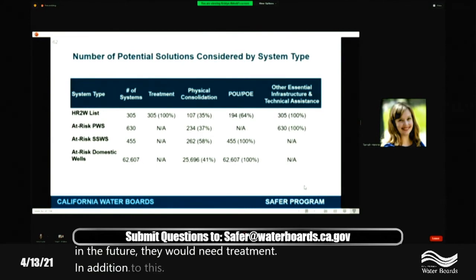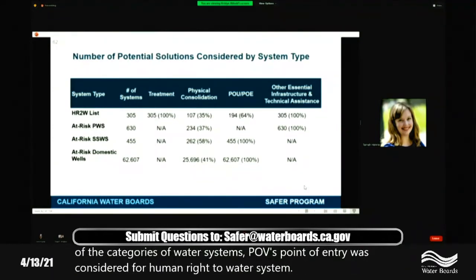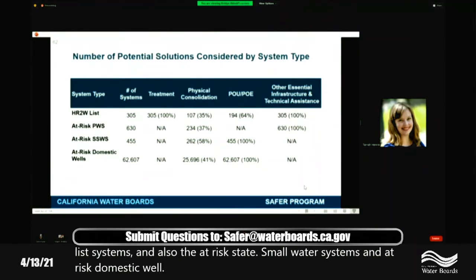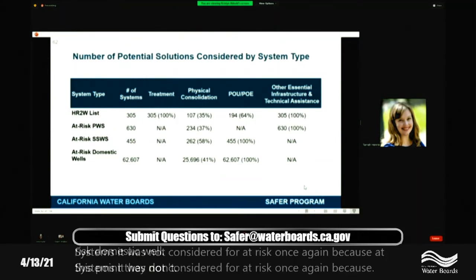We looked at physical consolidation for all of the categories of water systems. Point of use, point of entry was considered for human right to water list systems, and also the at-risk state small water systems and at-risk domestic well systems. It was not considered for at-risk once again because at this point they don't have a water quality violation.